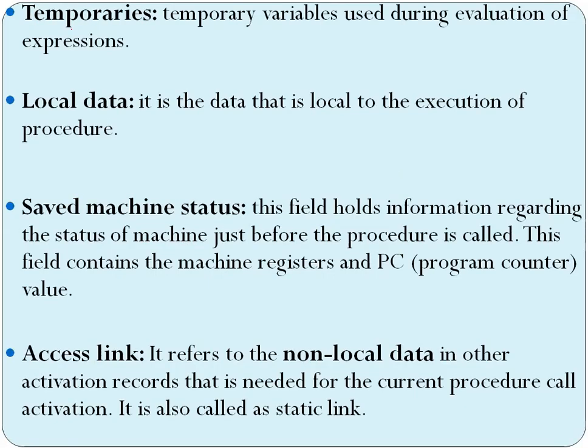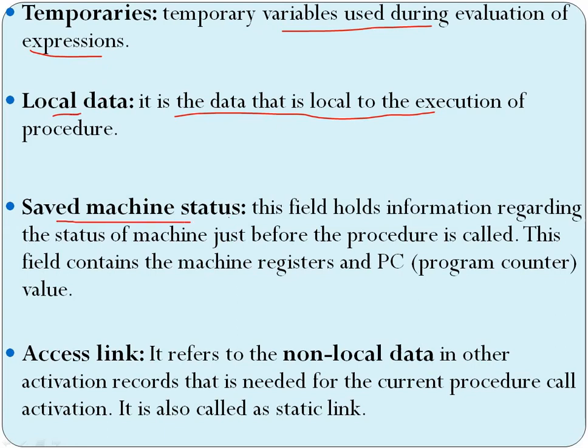Let's see them one by one. Temporary variables are used during the evaluation of expressions. During the evaluation of expressions, the function may use temporary variables, all stored in the temporaries field. Next, local data is the data that is local to the execution of the procedure. If the procedure or function has local variables, their data will be stored in this field.